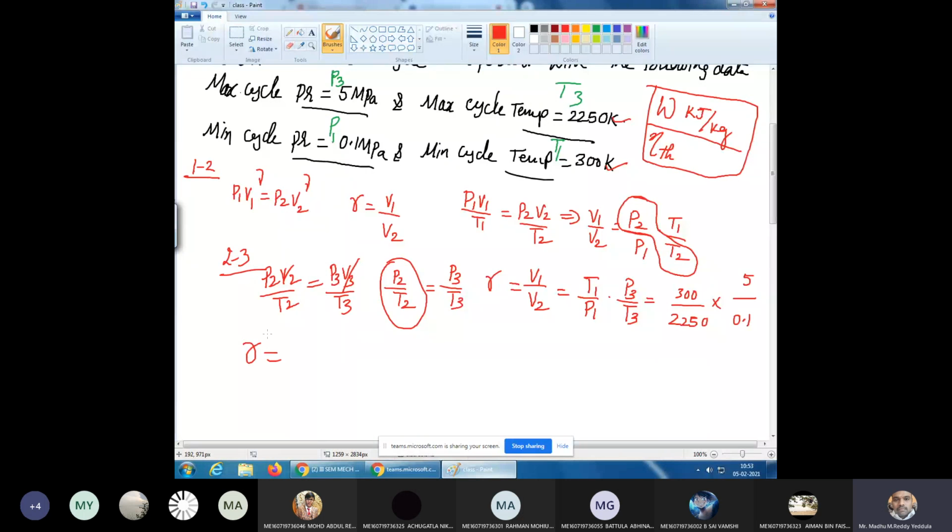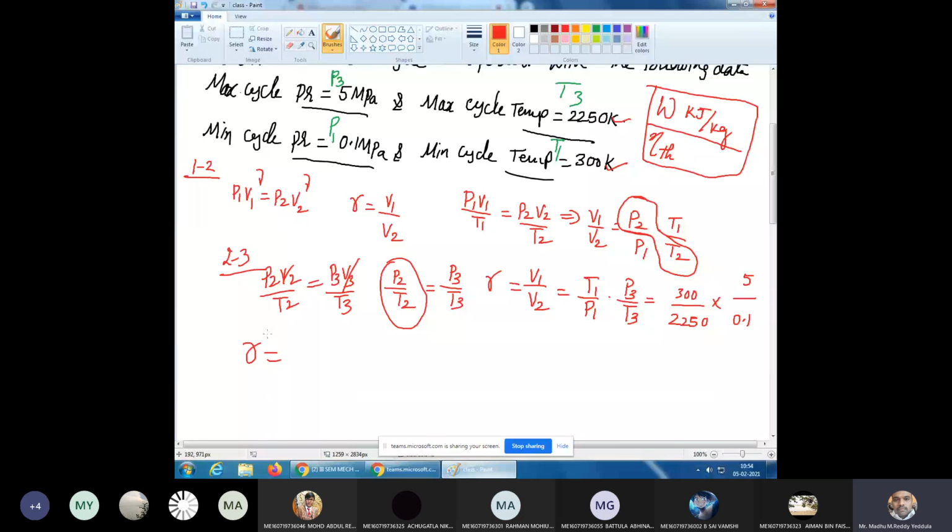So we got R equals, simplify and tell me. 6.7. Okay, therefore we got compression ratio equal to 6.7.